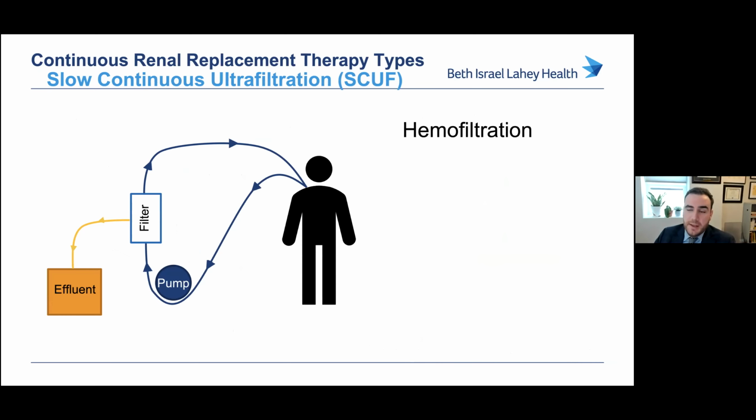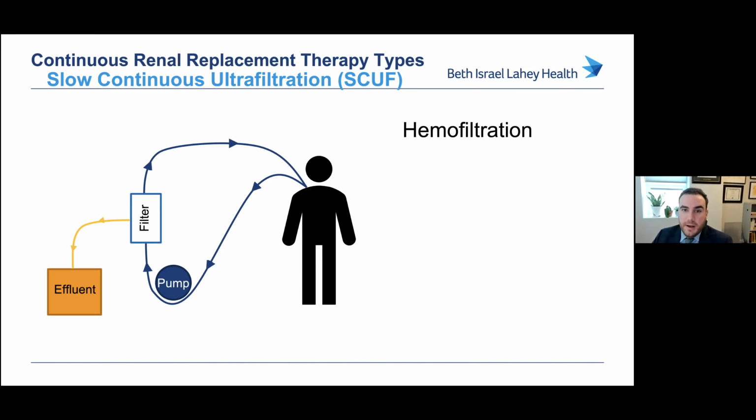Just to illustrate the 4 different modes of continuous renal replacement therapies we can use. SCUF, it's the simplest mode. It's hemofiltration again, and it's blood flowing out of the body through a filter, going back into the body with the filtered fluid coming out into a waste bag.